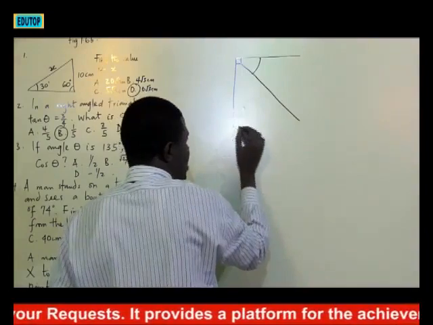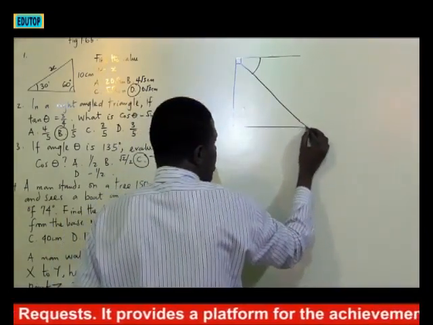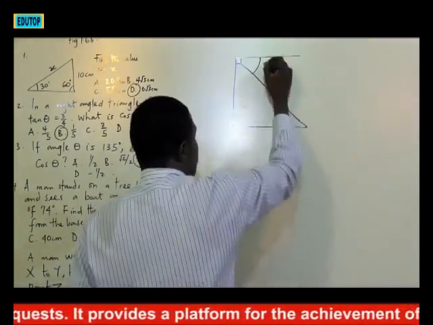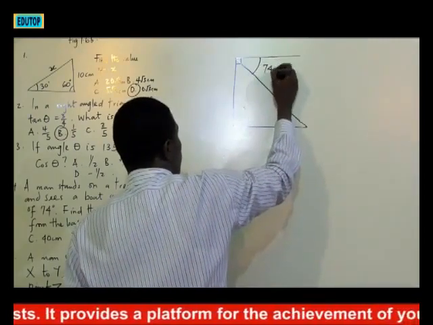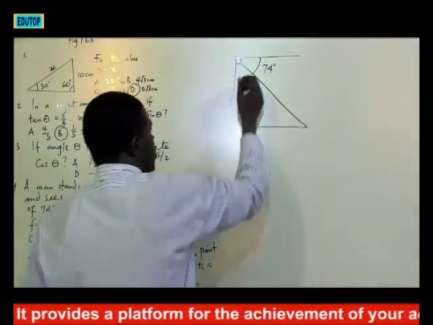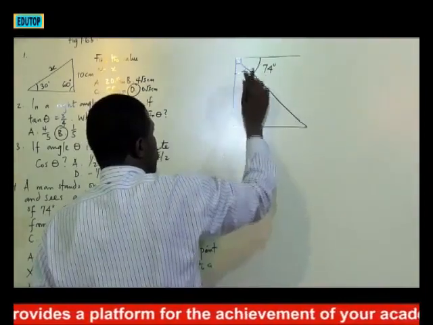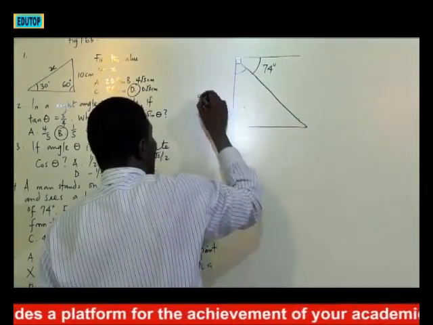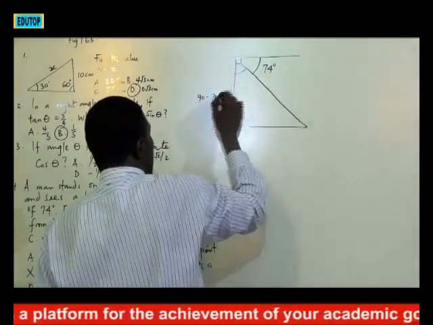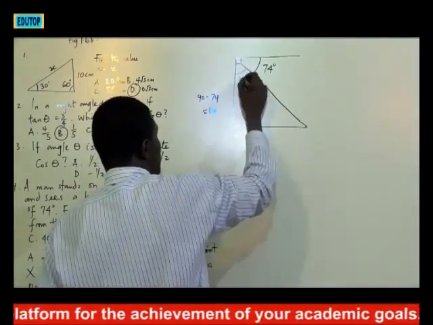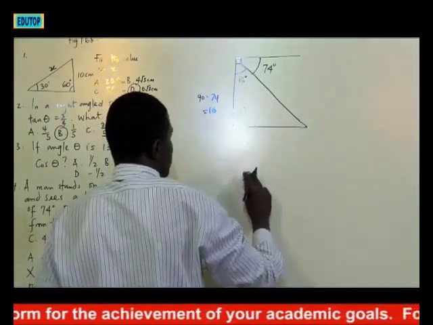Because the whole of this place is 90, we have 90 minus 74, which gives us 16. So the remaining angle here will be 16 degrees.